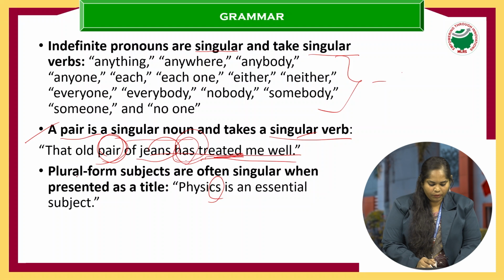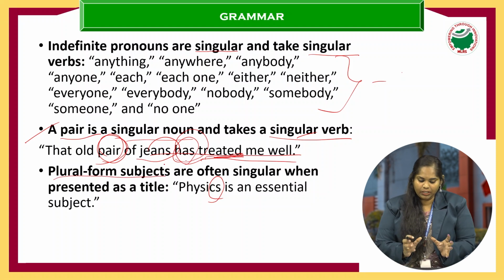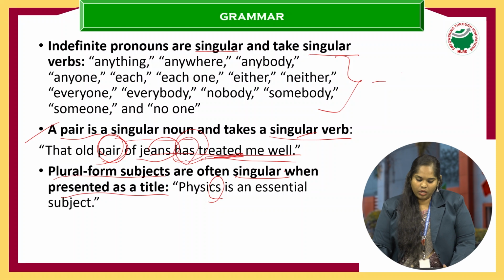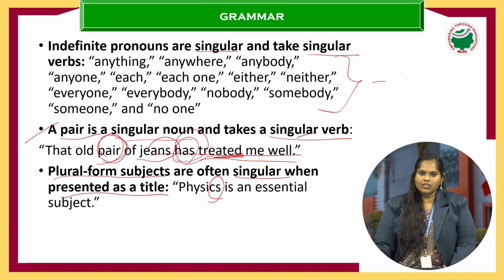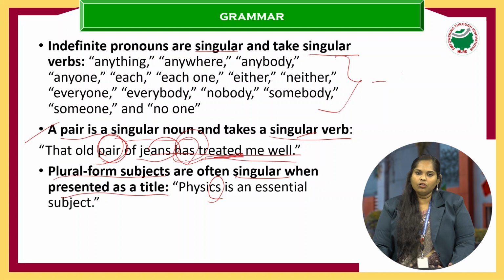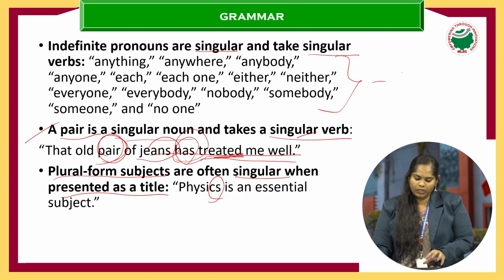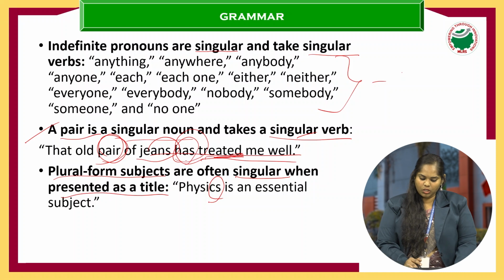So even if it is a plural form subject as a title, then you will be using a singular verb. So physics is an essential subject. Robotics is a trending course in the present scenario. So even if it is a plural form of subject, you have to use a singular because it is a title.